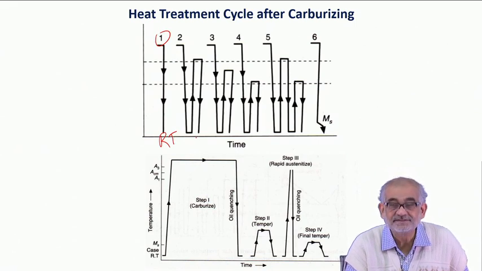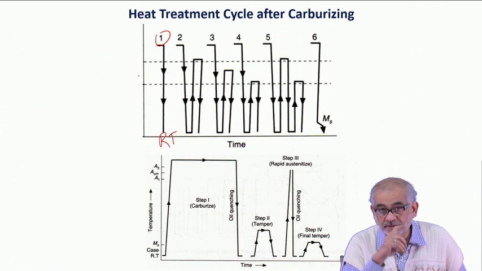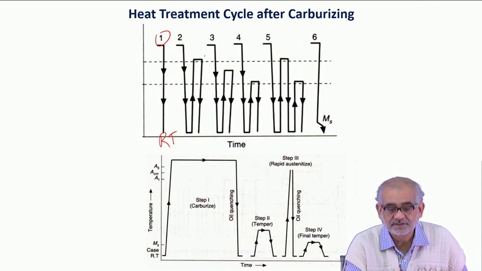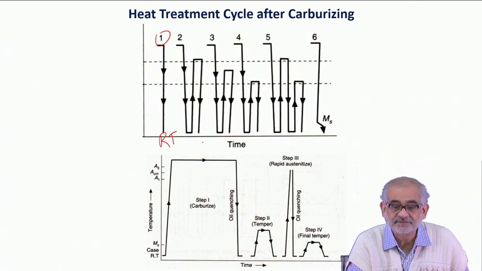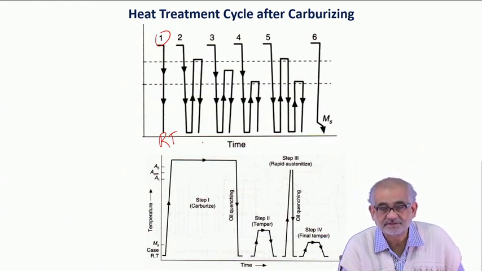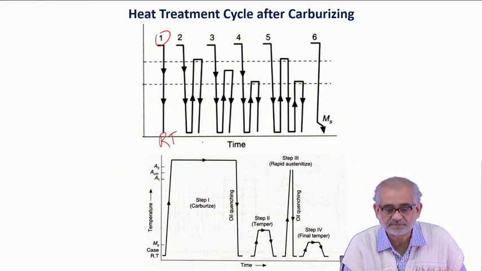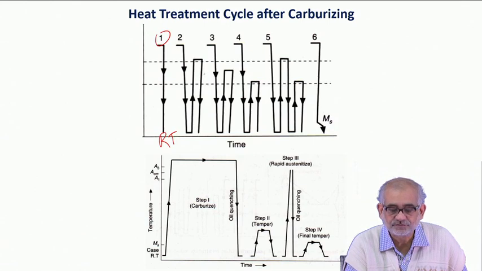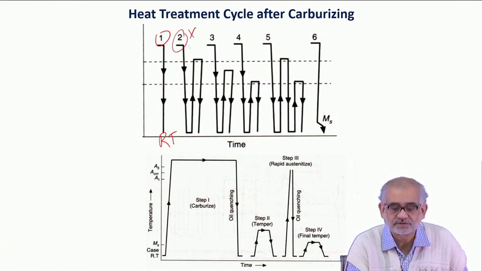So if we do a single stage hardening treatment, then we have to go to above the eutectoid temperature and then quench. But since we are dealing with two different steels almost merged into one, the surface is at a fairly high carbon content and core is at a low carbon content. So this single treatment is not adequate.